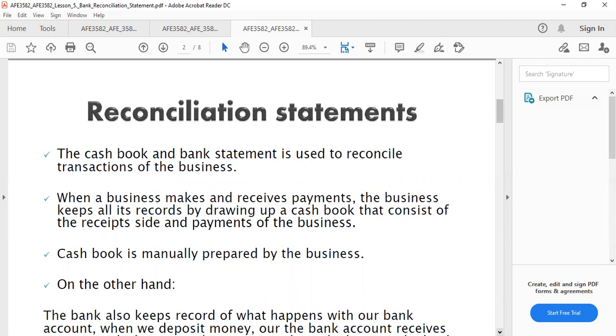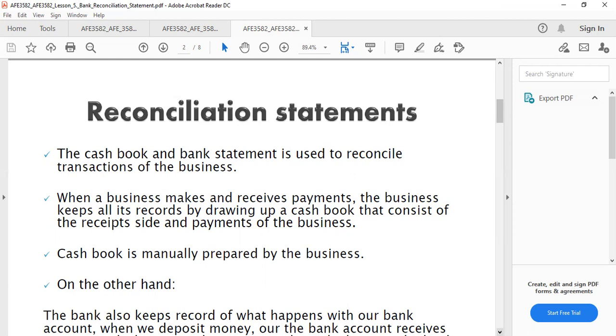Now, after balancing your cash book, the balance brought down that you get in your cash book should be the same as the real balance on your bank account. So every month end, the bank sends you your bank statement.